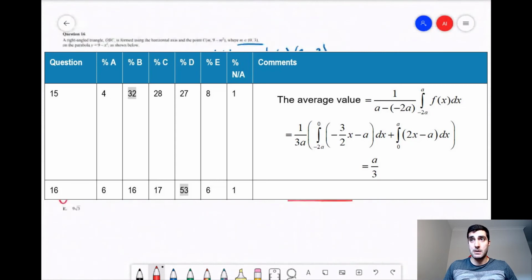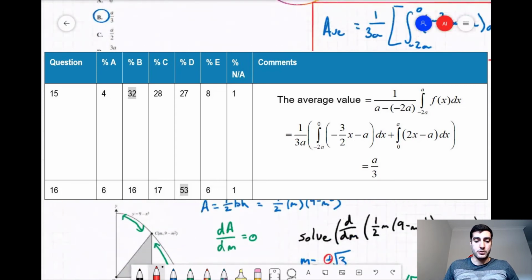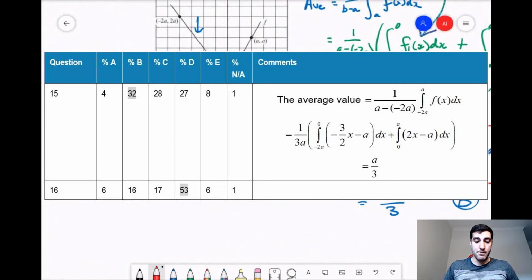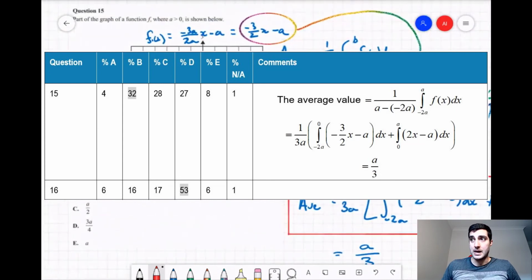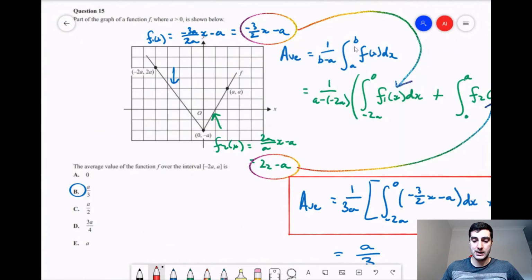So if we look at the examiner's report, jump up to question 15, we can see that B only had 32% of students answer that correctly, and there's some comments there reiterating what the formula for the average value is, and they're subbing in between A and 2A, sort of like we had in this step here.